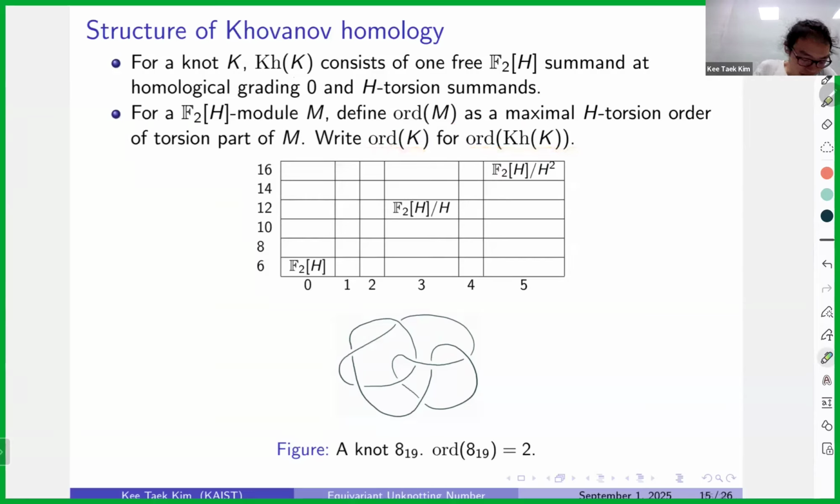For example, this knot has this table of Khovanov homology, and this is one free part, and there are two torsion parts, and here we have a torsion order 2. So the torsion order of this knot is equal to 2.